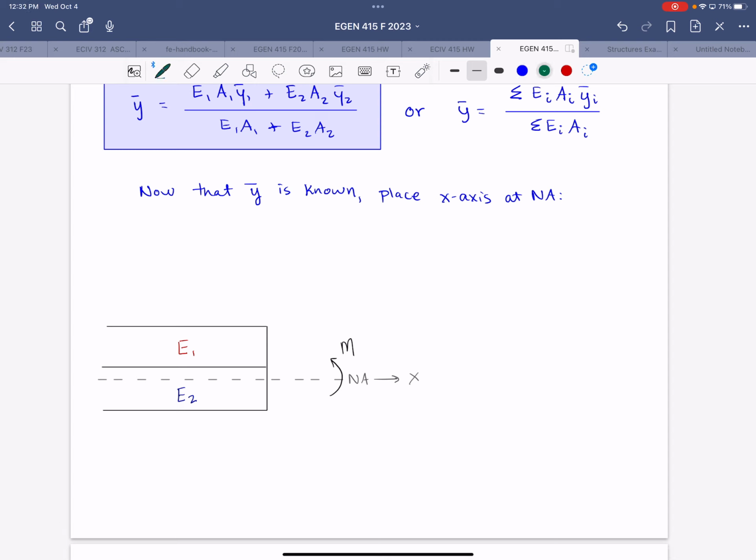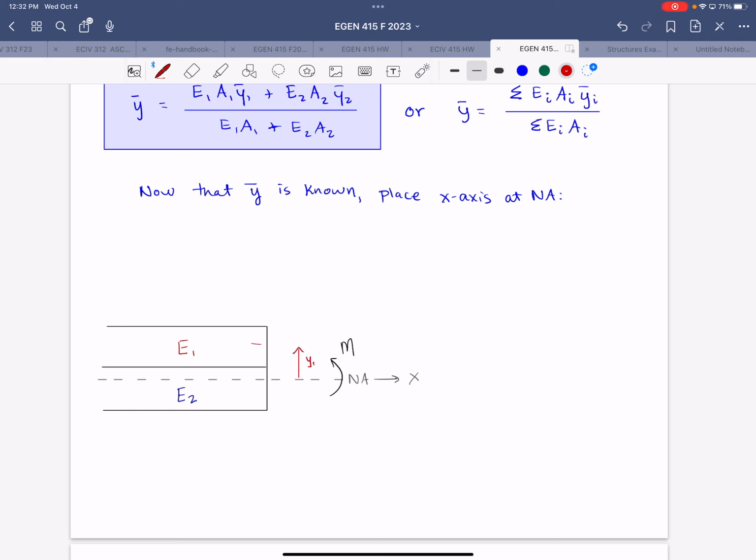Now that the neutral axis is located, we can measure any variable y to area 1. All right, so if we want to know any point within E1, say, since I have the colors cued, I'll color code them.